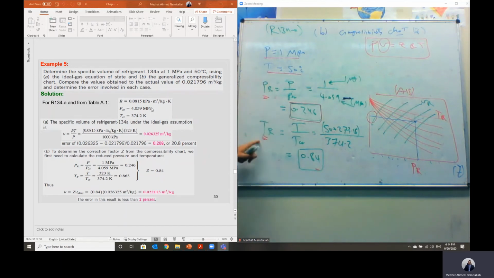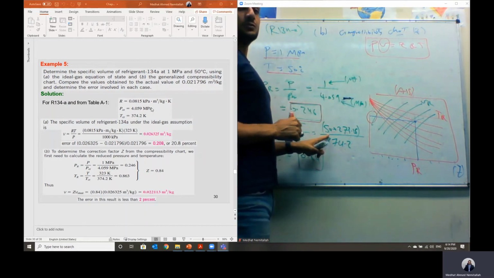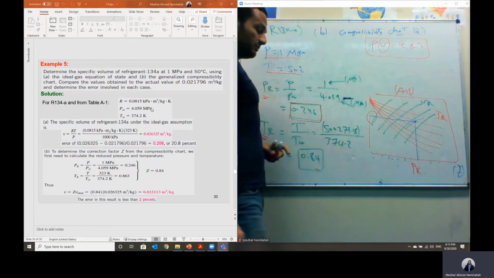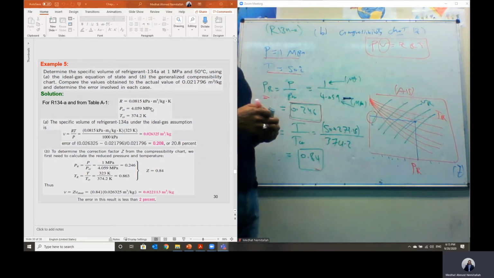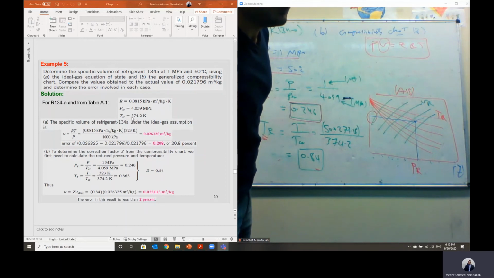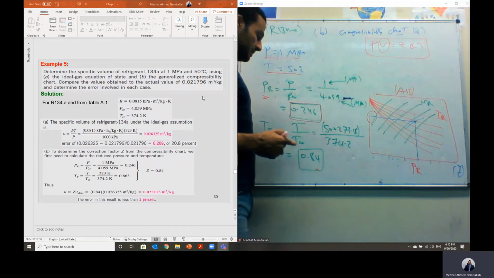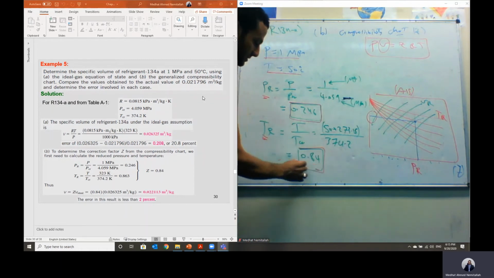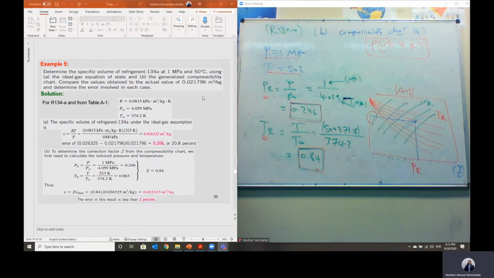Also, given the temperature, I will calculate the reduced temperature, which is T divided by T critical. Temperature is 50 degrees C, so 50 plus 273.15, divided by the critical temperature from table A1 for refrigerant 134a, which is 374.2. The reduced temperature is equal to 0.84.